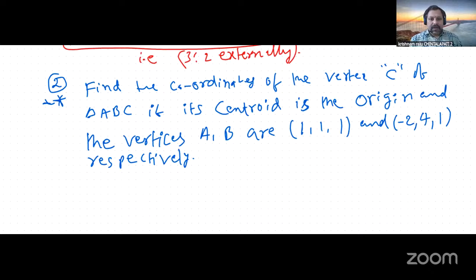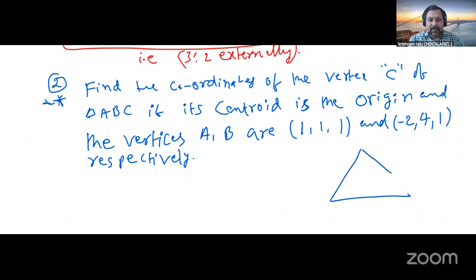Find the coordinates of the vertex C. Given is a triangle ABC, so C is the third vertex, and we have to find it.